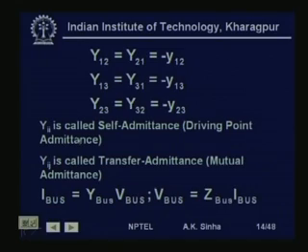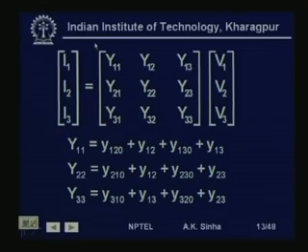So, Yii is called the self admittance or driving point admittance, and Yij is called the transfer admittance or the mutual admittance. And we can write in short form this expression as I is equal to Y into V.